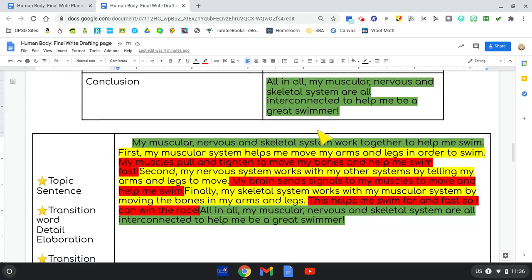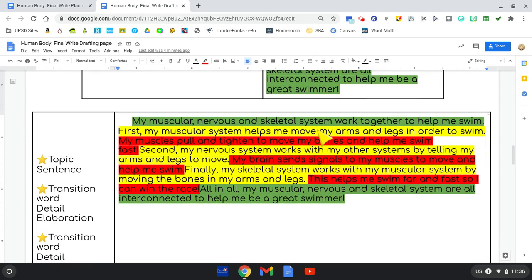Now, in my draft, and what you're going to do today is you're going to take those same ideas, except for your activity that you chose, and you're going to put them into a paragraph that looks like this. The only difference between this and what we just looked at is that this looks more like a paragraph that I'd see in a book. Up above, it just kind of is more of an organized table that helps me see the different parts of my paragraph.